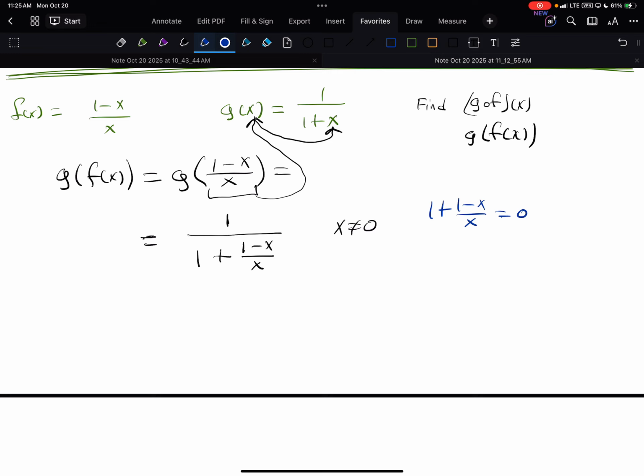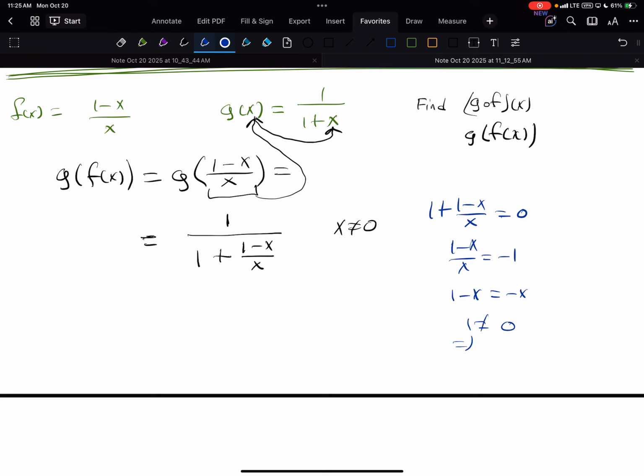All right. Just subtract 1 to the other side. I'll have 1 minus x over x equals negative 1. Multiply both sides by x. I'll have 1 minus x equals negative x. I'm going to add x to both sides. I'm going to get 1 equals 0. What does it mean if I get a contradiction here? It means there's no solution.